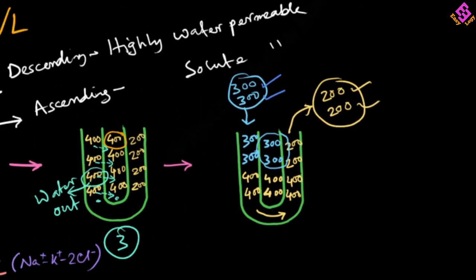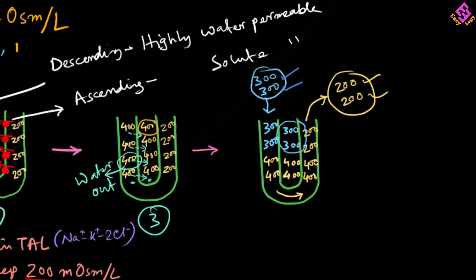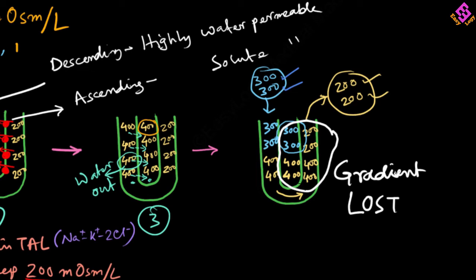Now notice that by adding the new fluid, the gradient between the thick ascending limb and the interstitium is lost. You know that 200 milliosmol per liter gradient is produced by the pump in thick ascending limb. You can clearly say that thick ascending limb 400, interstitium 400, 400, 400. So the gradient is lost in every space. So what happens?